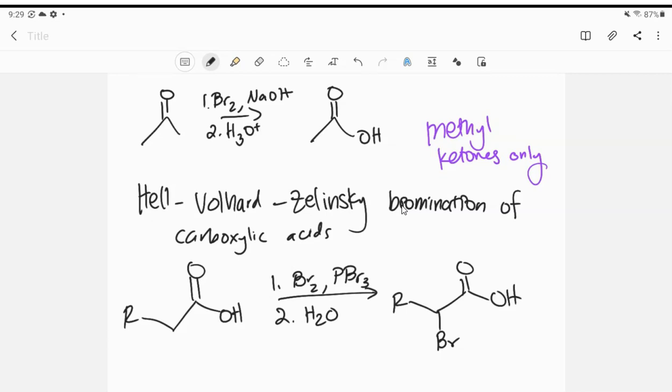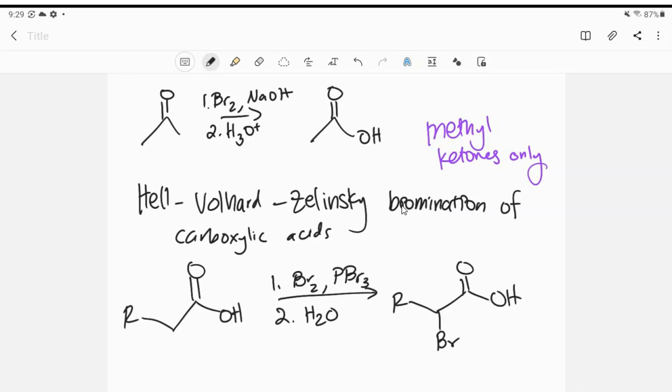So this works out nicely, and you'll end up getting a bromine specifically on your alpha position here. So this is for acids specifically. This is not going to work on ketones, aldehydes, whatever. This is for carboxylic acids. So keep that in mind.